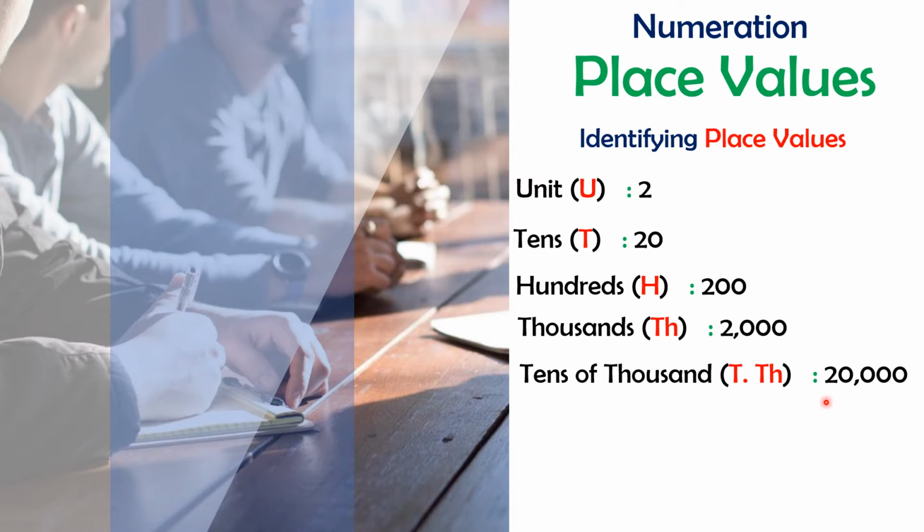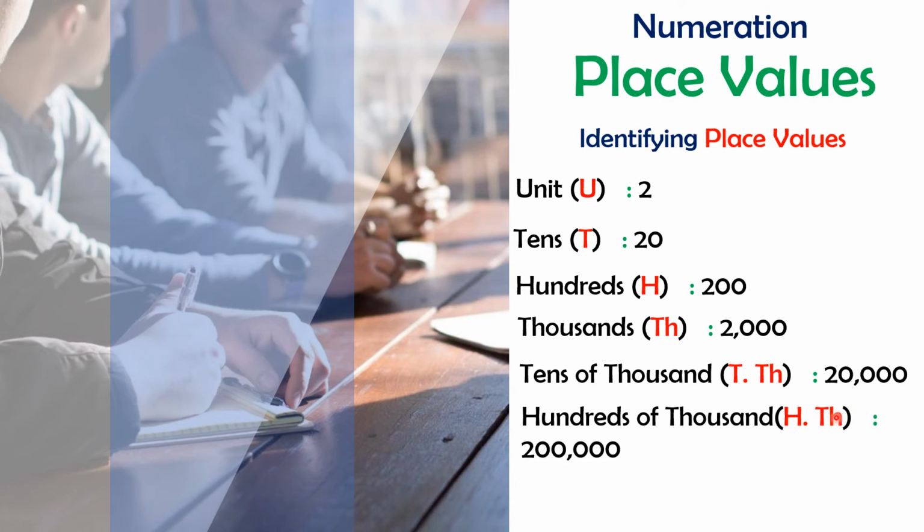Followed by tens of thousand. Tens of thousand simply means you observe 2 digits before the comma. That shows tens of thousand, that is 2 digits with 3 zeros. And followed by hundreds of thousands.